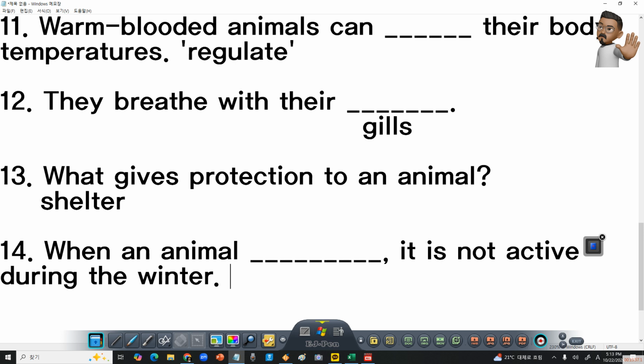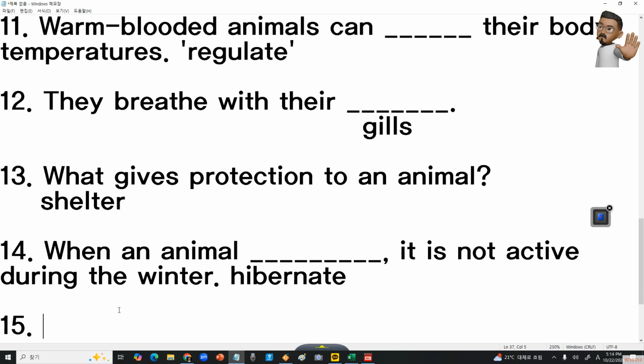So the answer goes this way. An animal blank, it is not active during the winter. 3, 2, 1. You're right. Okay. Hibernate.